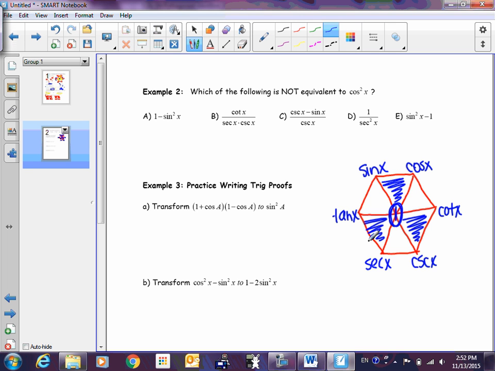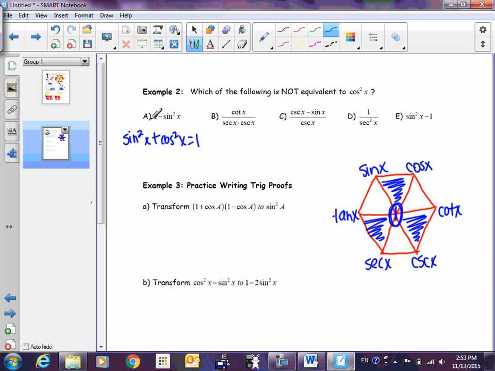Okay, so let's look at this example 2. Which of the following is not equivalent to cosine squared? All right, so let's start with this one. 1 minus sine squared. Okay, think about our identity here. We have an identity that says sine squared x plus cosine squared x equals 1.